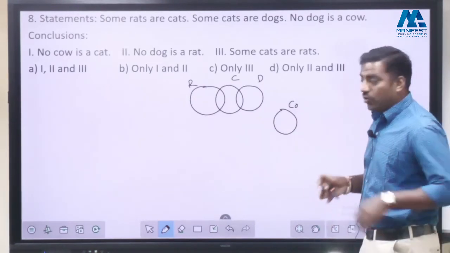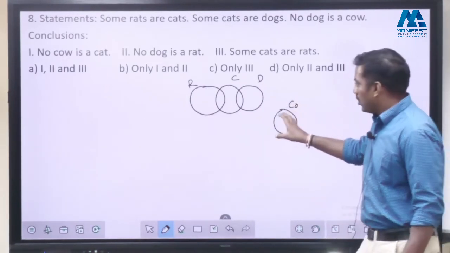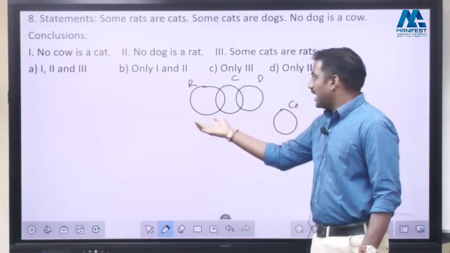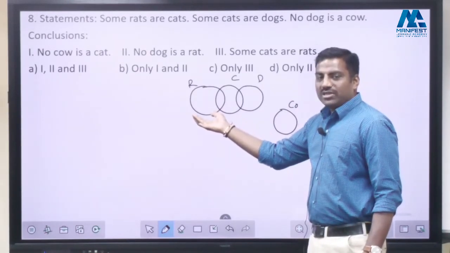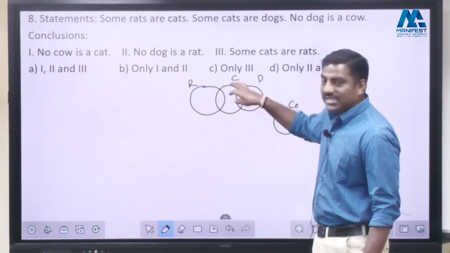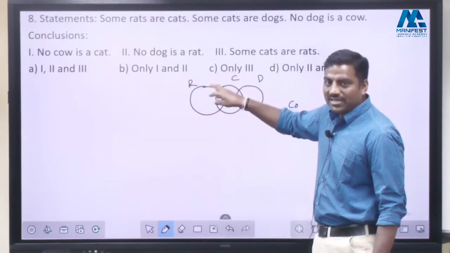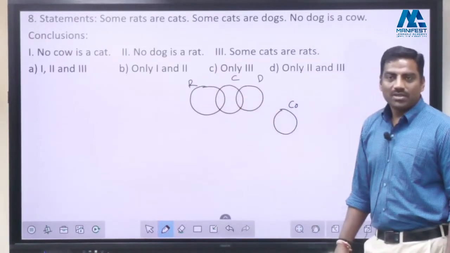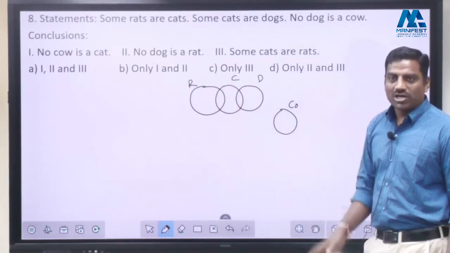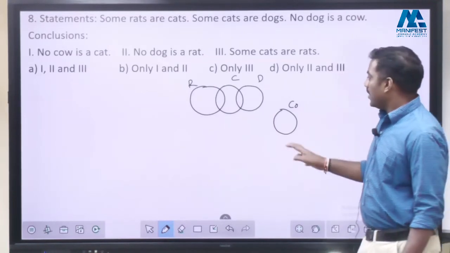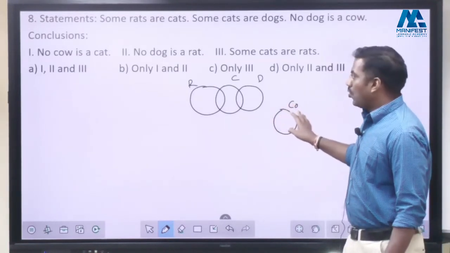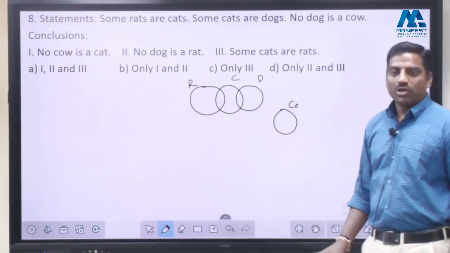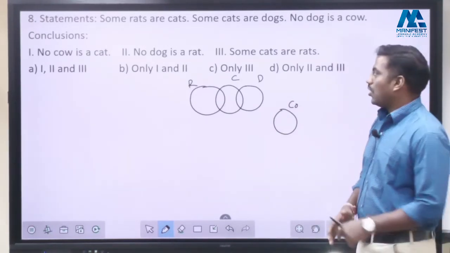Or what I can do? I can take the cow and join with cat. I can make it join with rat. Or I can write inside the cat, inside the rat, or in the juncture of rat and cat. That is all imagination, but that is not required. Only thing, the cow and the dog have to be far off. They should not be together. Yes or no?